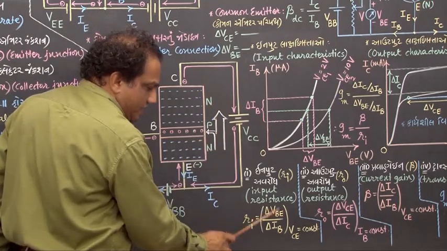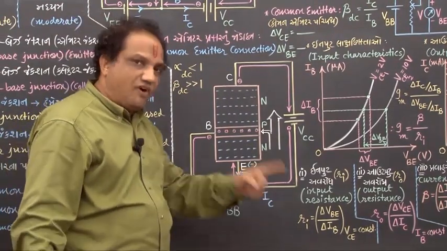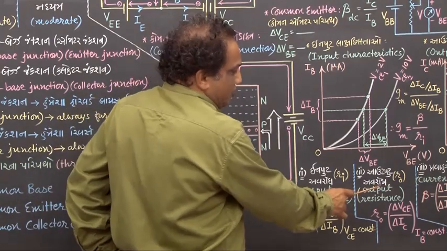Because it is resistance, its unit is ohm, and its value is found to be of the order of kilo ohm. Okay, fine.